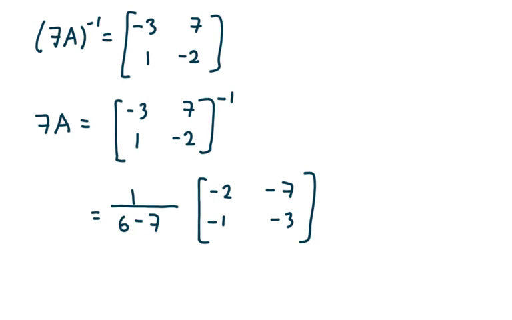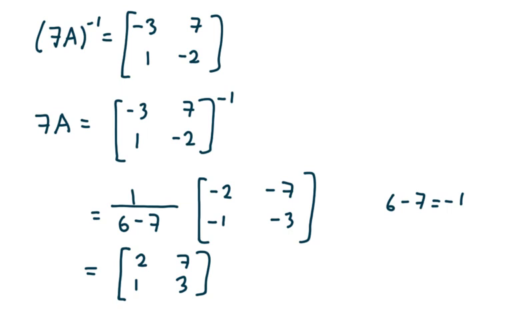Okay? But isn't 6 minus 7 -1? And so essentially I can take every entry in the matrix and multiply by -1. When I do that, I get the matrix 2, 7, 1, 3. Just like this.